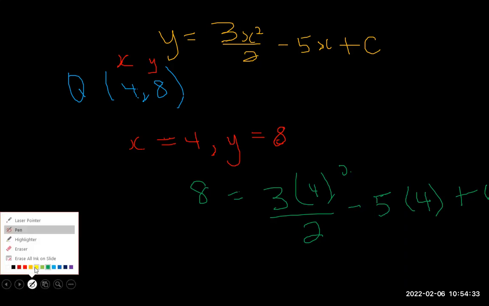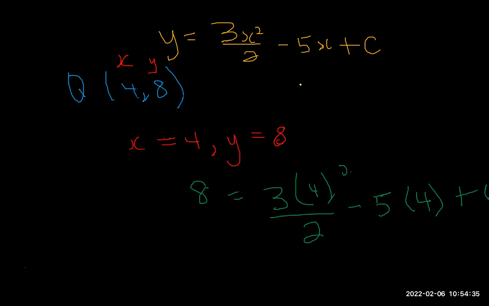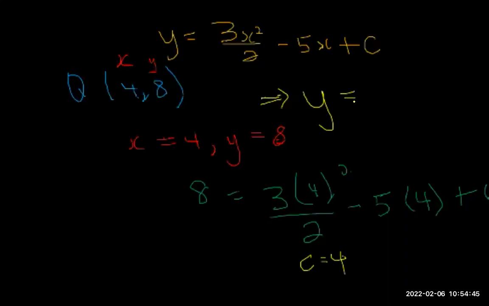Therefore, if the value of c is 4, can anybody tell me what would be the equation of this curve? What's the equation of the curve if c is equal to 4? Anybody? This is like the simplest part of this whole solution. Come on, what's my equation of the curve?